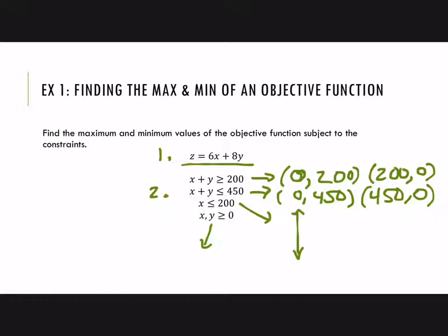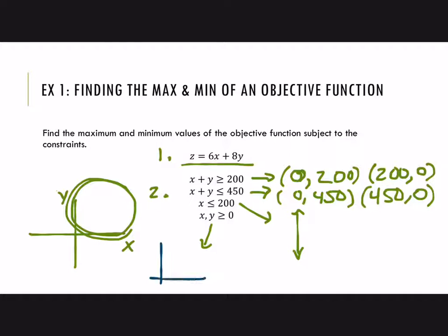I don't usually graph those two lines and bother to draw them in, because they are actually the axes on your plane. If x and y need to be either positive or 0, then really we're only looking at graphs in this first quadrant. So instead of drawing in those two lines, when I go to make the graph, I might just choose to only draw the first quadrant, and then I'm just staying in this region.